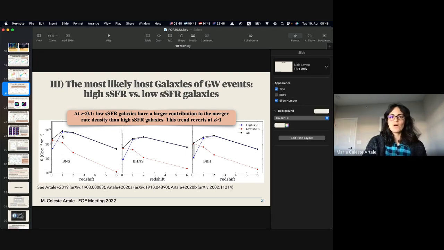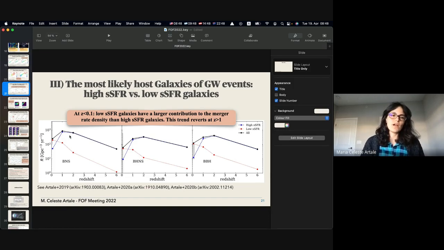That's why late type galaxies, where stars are forming, are the main drivers of our merger rate density, because we have many more stars and many more mergers produced in these galaxies.